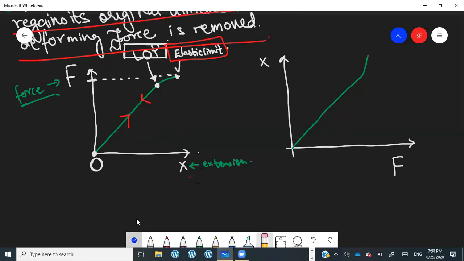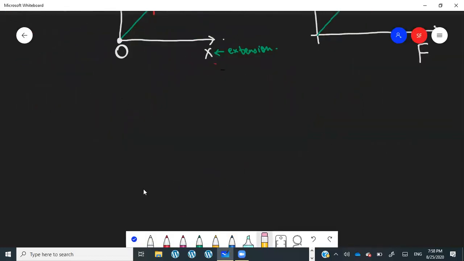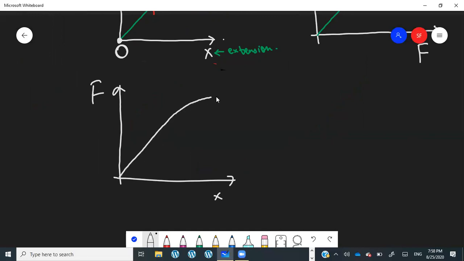Let me draw it over here. If the elastic limit is exceeded, this is the force, this is the extension axis, and this is the curve. Let's assume this was our limit of proportionality, this was our elastic limit, and now we've exceeded it. As soon as you remove this force from the spring, that spring would have undergone some permanent extension.